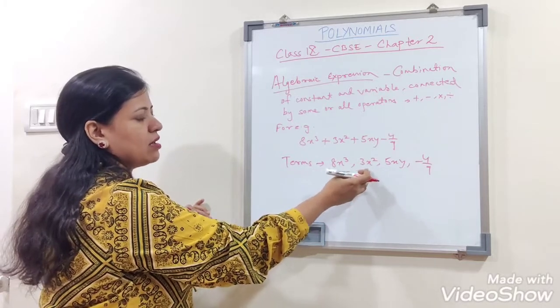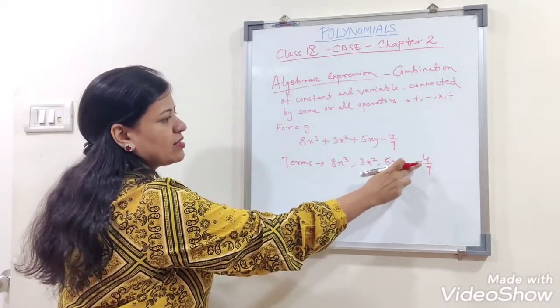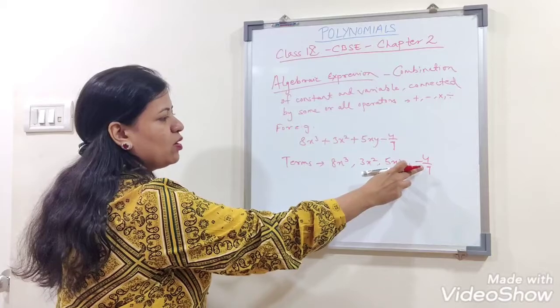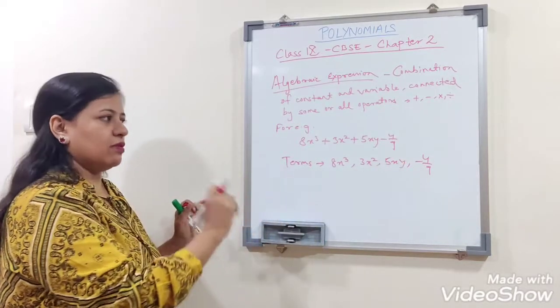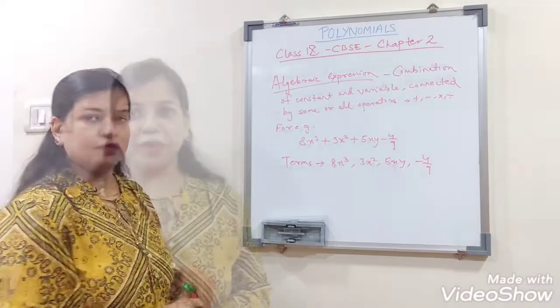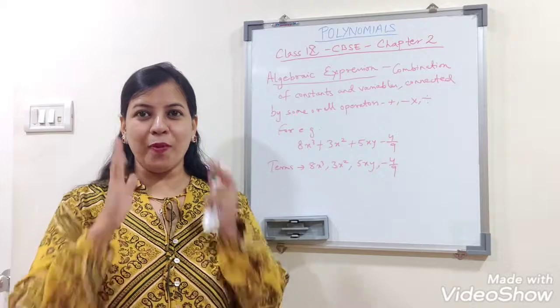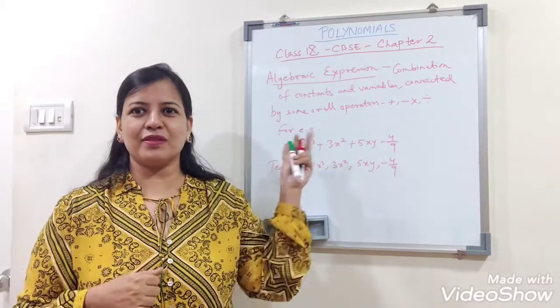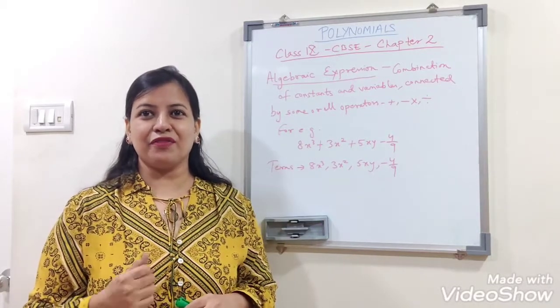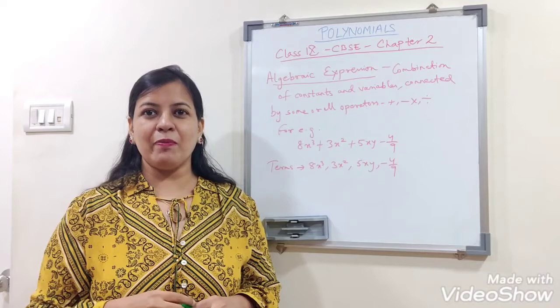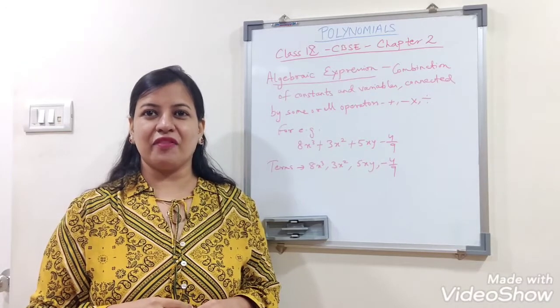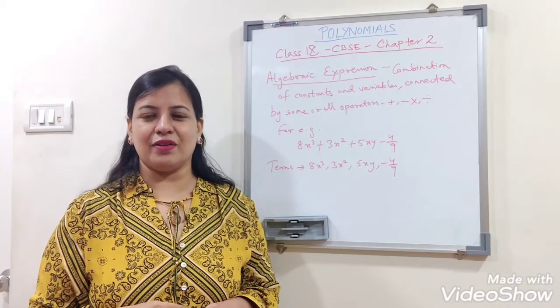If it is plus, it is plus by default. But yes, when it is a minus sign, we have to consider the sign also while writing the terms, right? Now kids, you might be thinking, oh my God, there are so many terms in this chapter. But don't get confused because they may be many in number, but they are very easy to understand, right?